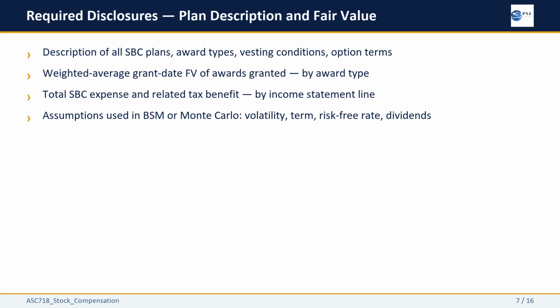Total SBC expense and the related income tax benefit must be presented by income statement line, COGS, R&D, and so on. And for any award valued using an option pricing model, you must disclose all key assumptions: expected volatility, expected term, risk-free interest rate, expected dividends, and any others used.